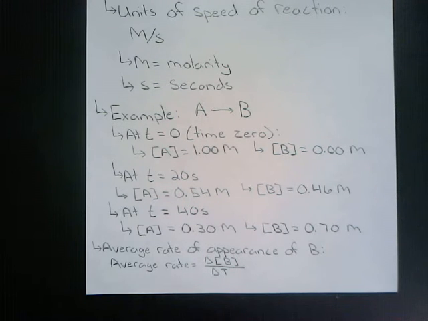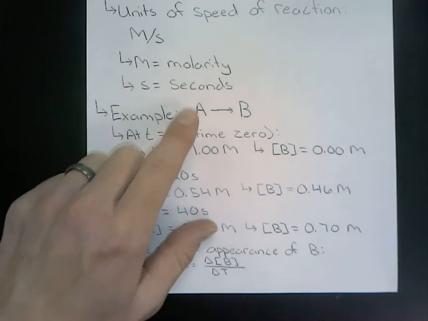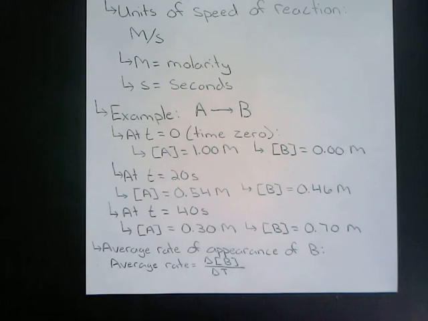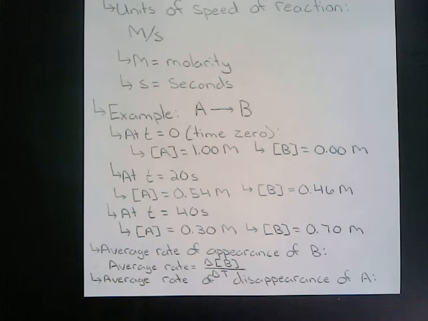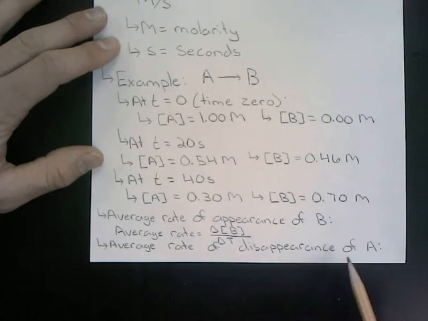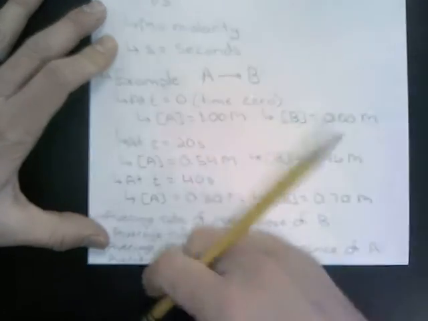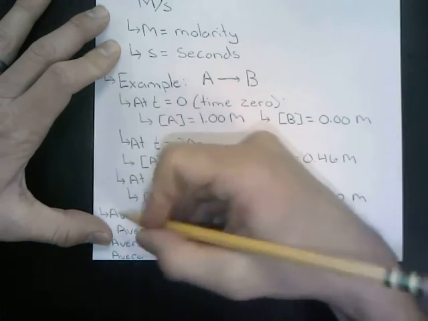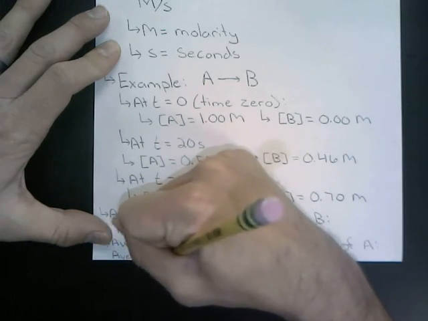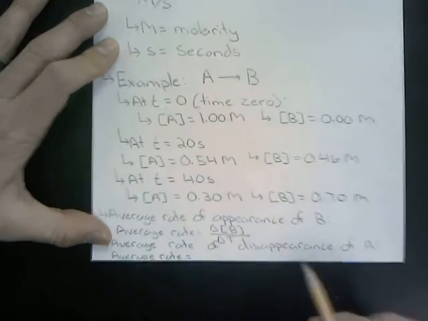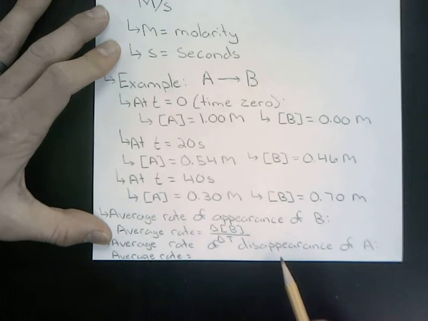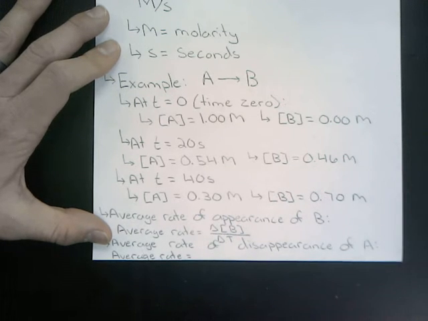Now what we need to talk about is the average rate of disappearance of substance A in this particular case. For the average rate of disappearance of A, you would again have the average rate, and this is equal to, very important here because we have this keyword disappearing, meaning substance A is producing substance B, and thus it is going away.